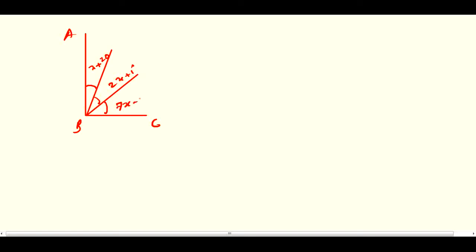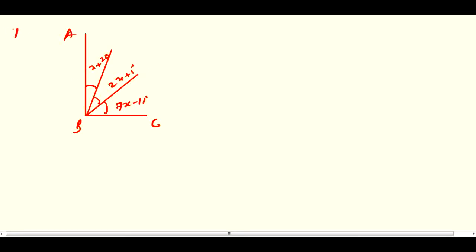Then question number 9. Angle ABC you are having in the diagram, and it is given that AB is perpendicular to BC at B. So this B total will be 90 degree, and you are having x plus 20, this one is 2x plus 1 degree, and this one is 7x minus 11 degree.